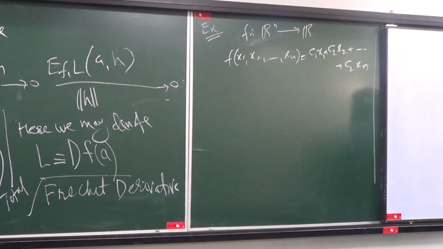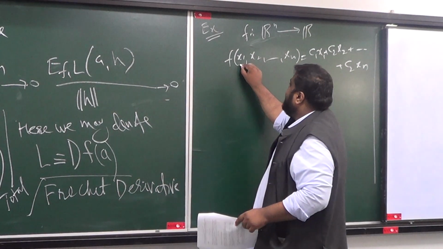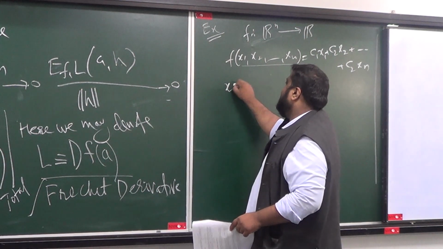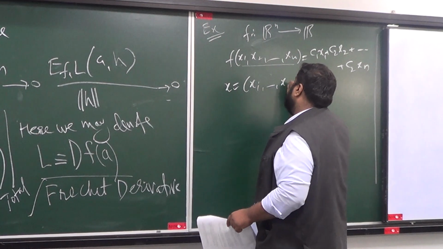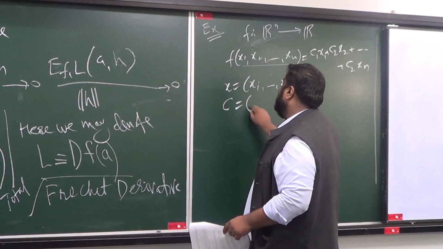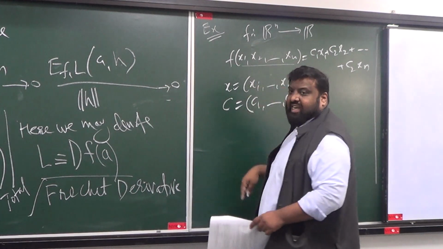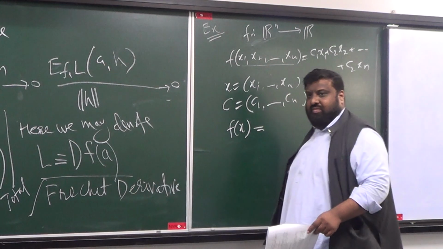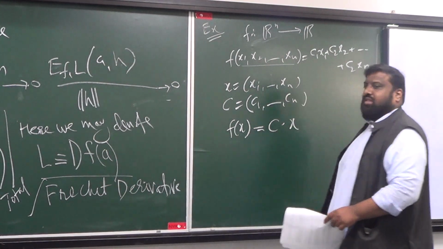Can we see how easily? So if I keep this as an abstract vector x, so if I say that x is x1 up to xn, and I define a vector c to be c1 up to cn, then I can rewrite the definition as f of x equal to c dot product with x.